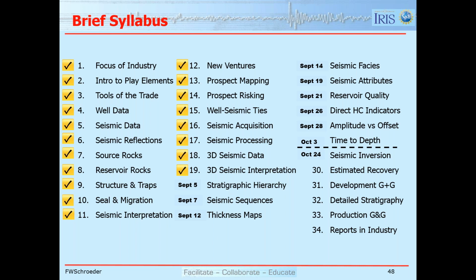Ant tracking is an approach that tries to do the same thing with faults. Faults are not as easy to auto track as horizons, and so there are a number of different methods that different companies use, and ant tracking is one that a number of companies have used.